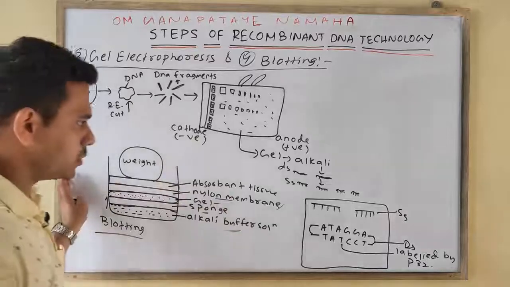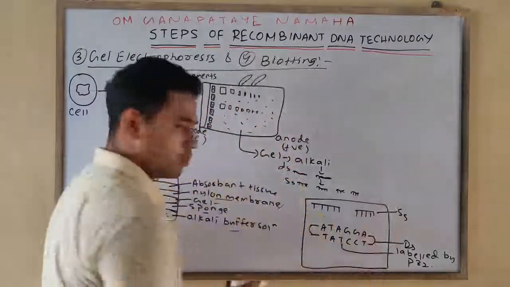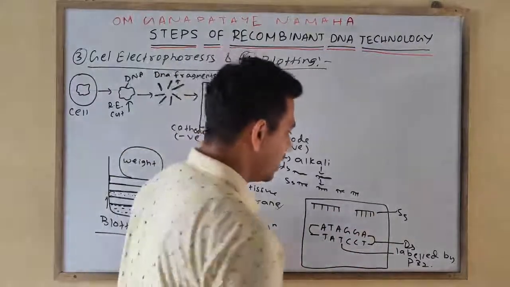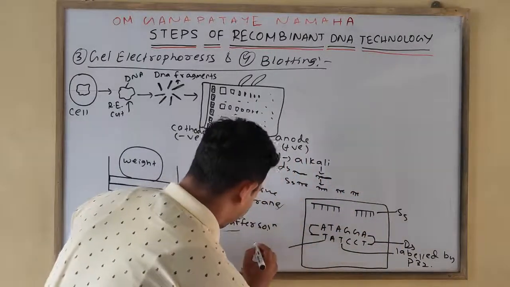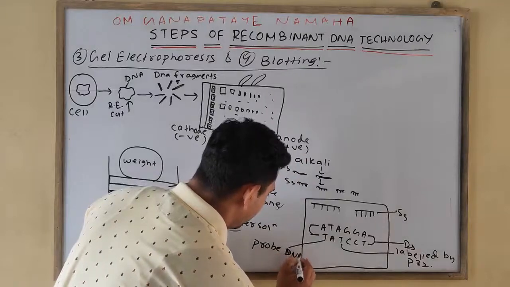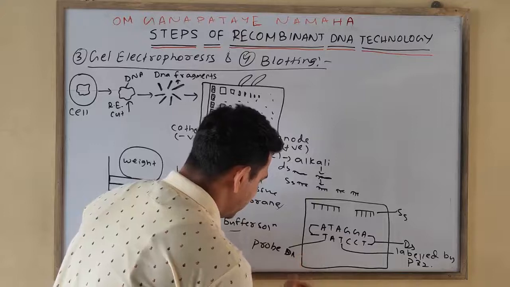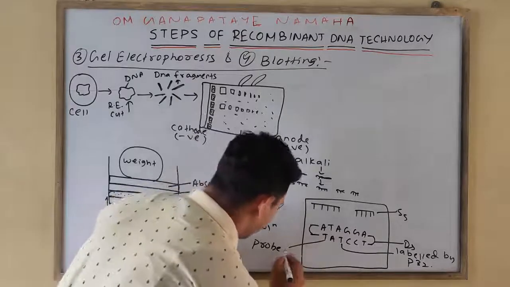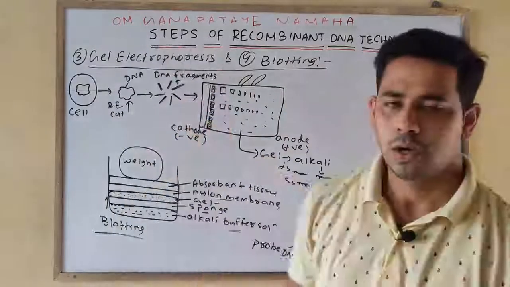Next, how will we study the nylon membrane, how will we extract the DNA? In the nylon membrane, suppose these are your single stranded DNA, but we have to apply the probe DNA, or the complementary DNA, so that we can make the single stranded DNA into double stranded DNA.